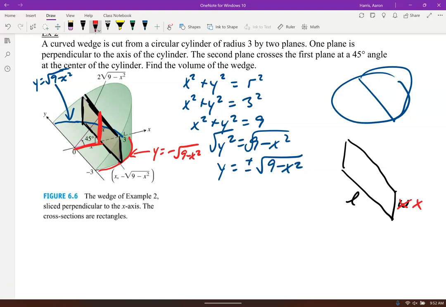The length from here to here, let me go over to the figure, that's from here to here. You see it? So it's from the top of that circle, if you will, to the bottom, from the blue to the red.